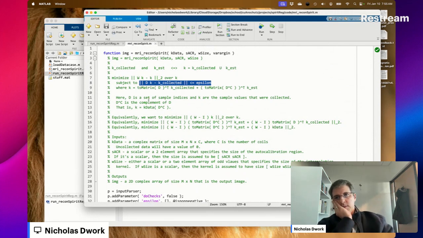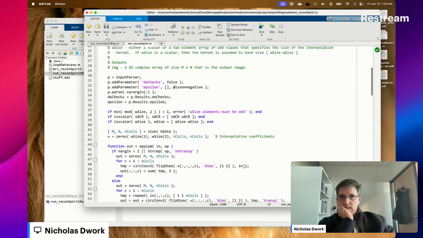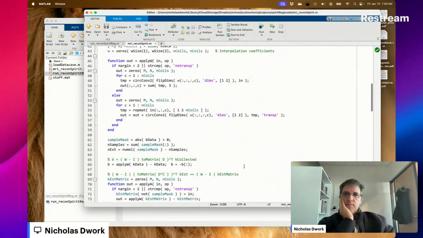Oh, no, no. We are going to have to change stuff, because the optimization variable is different.